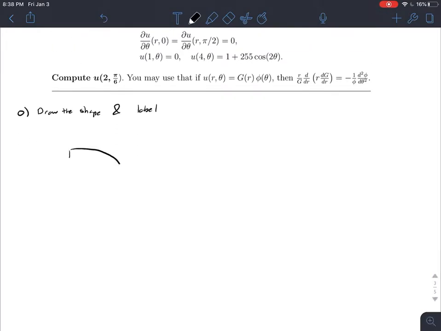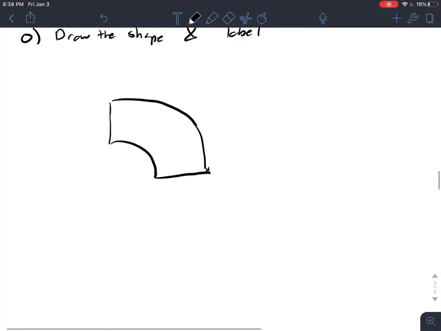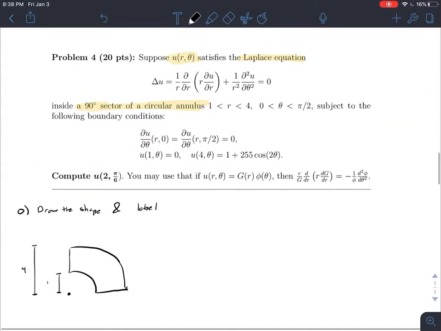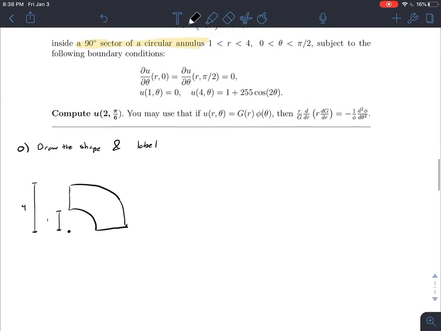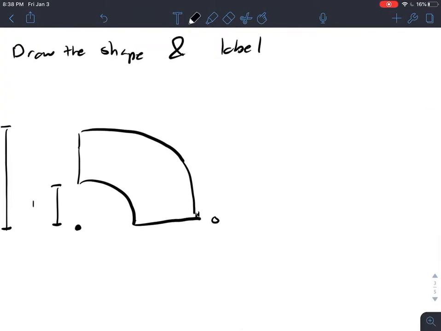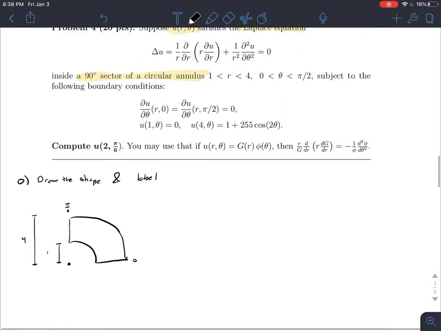We have a 90-degree sector of a circular annulus with inner radius 1 and outer radius 4. Obviously this is not to scale. Let's call this point the center of the circle, and the angle is from 0 to pi over 2.